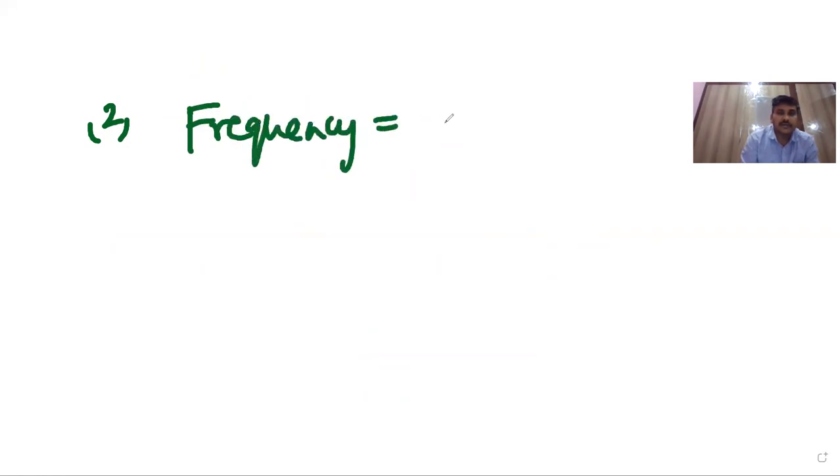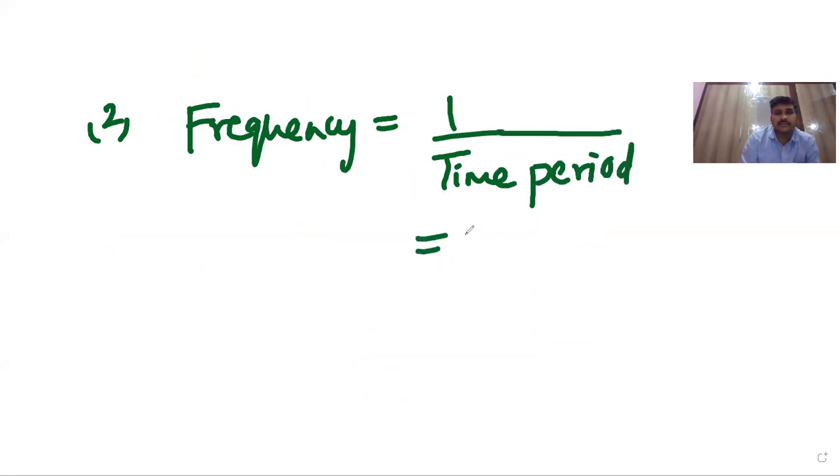Let us see the second one, that is frequency. Frequency is 1 by time period. So this 1 by time period is 1 by T. Again, it is T minus 1.